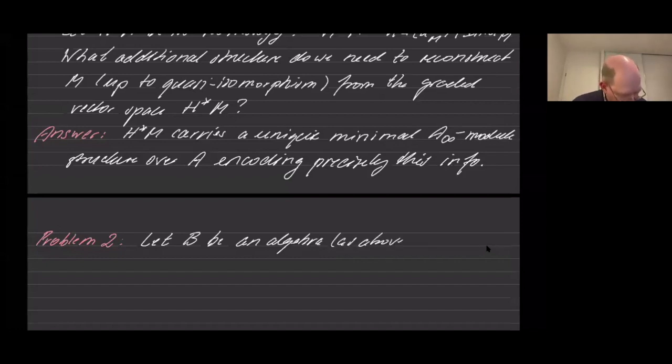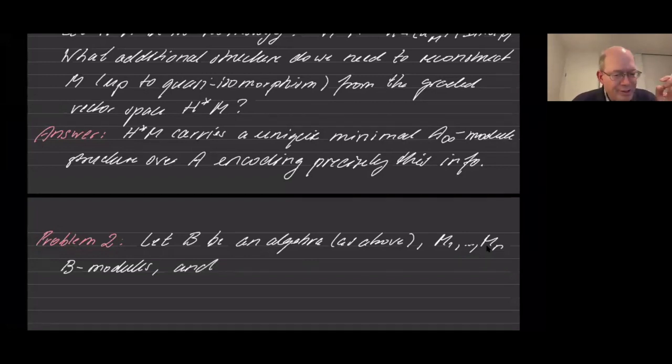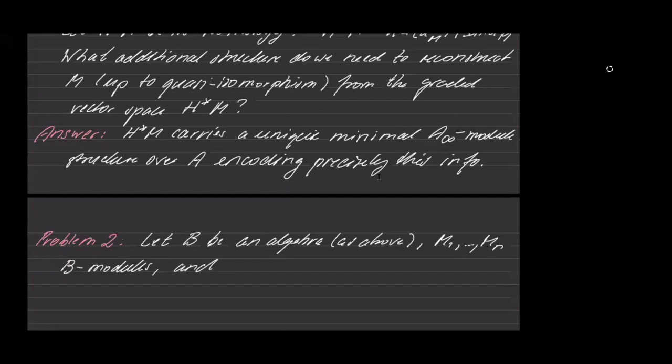And let us also fix n B-modules, M_1 up to M_n. And suppose we are interested in the category of B-modules which admit finite filtrations whose subquotients are among the M_i.